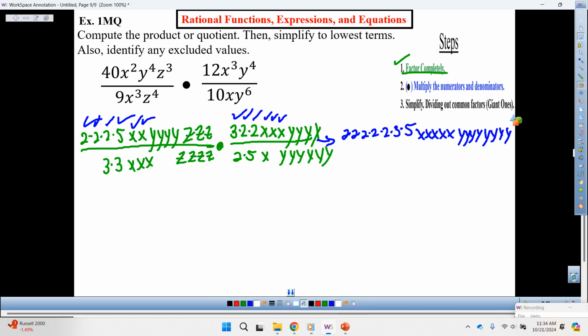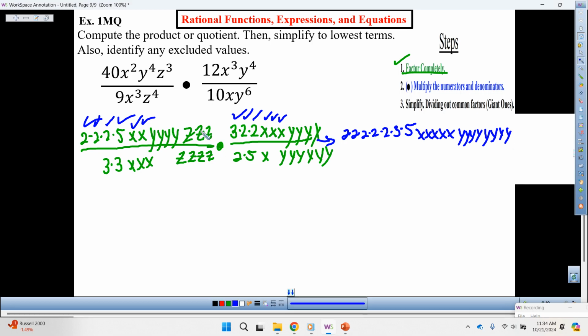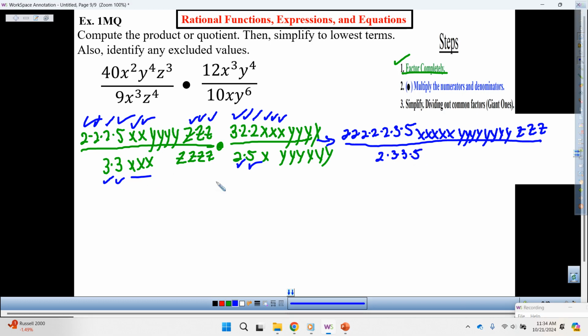We got 3 z's. Over, we got 2 times 3 times 3 times 5. Then 4 x's, 6 y's, and 4 z's.